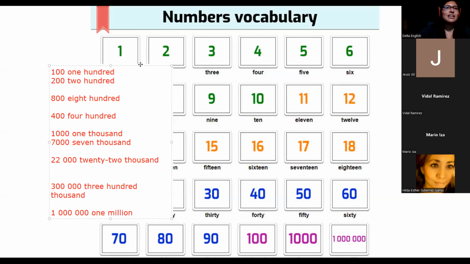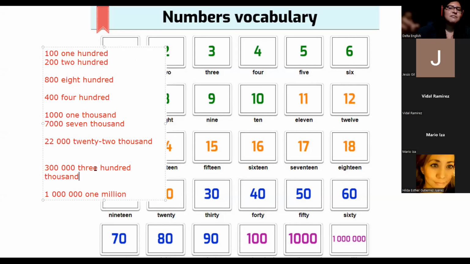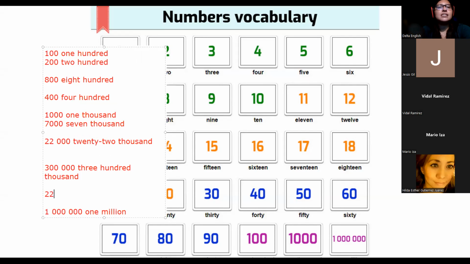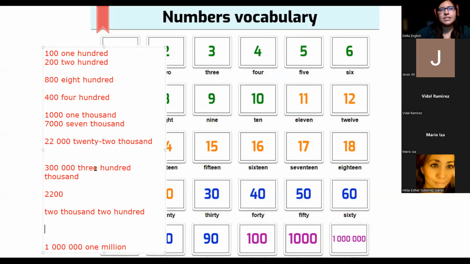Now, in English, they do something funny, which is, for instance, for this number, I would perhaps say 2,200, right? En inglés les gusta mucho, no les gusta usar el 1,000 mucho para números chiquitos, entre comillas.